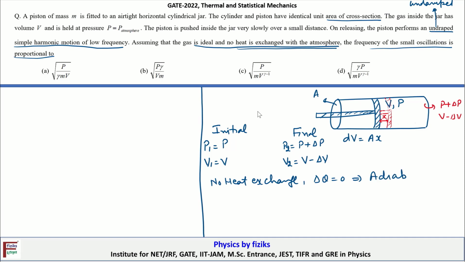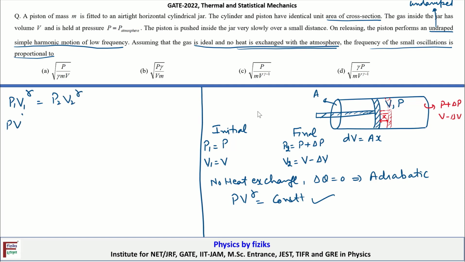So we can treat the process as adiabatic, and PV to the power gamma is valid. Since we have two situations, initial and final, we apply this identity: P1 V1 to the power gamma is equal to P2 V2 to the power gamma.